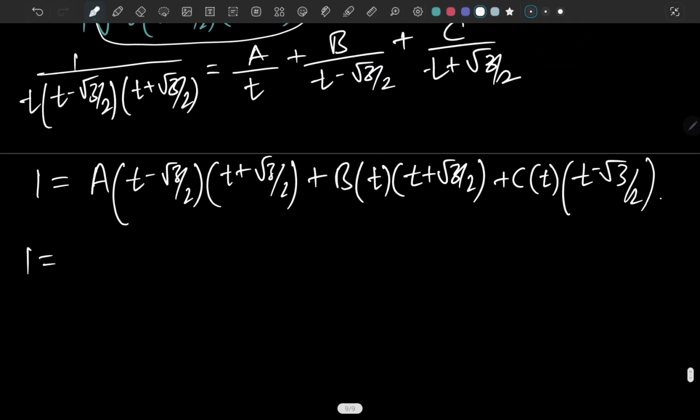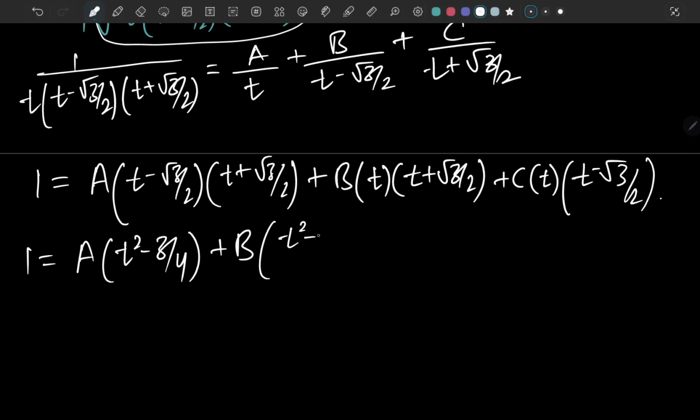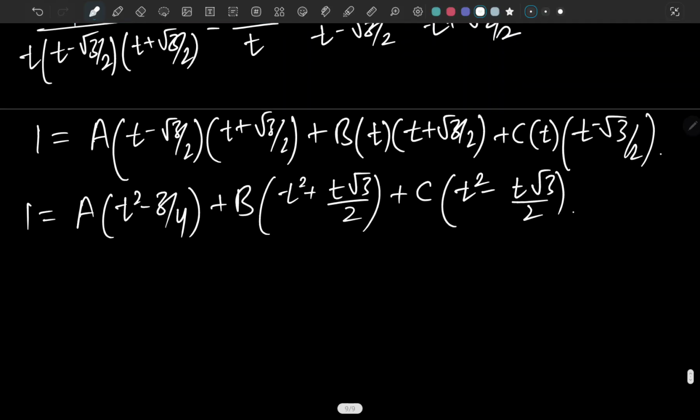So 1 becomes a times t squared minus 3 over 4, plus b times t squared plus t square root of 3 over 2, plus c times t squared minus t square root of 3 over 2.